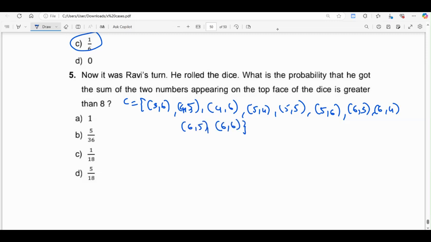So these are the elements. That is 1, 2, 3, 4, 5, 6, 7, 8, 9, 10. So it will be 10 divided by 36. You can write it as 5 times 2 over 18 times 2, so 5 by 18 is the answer.